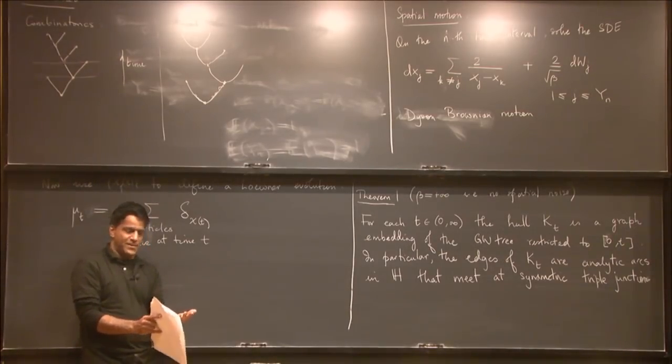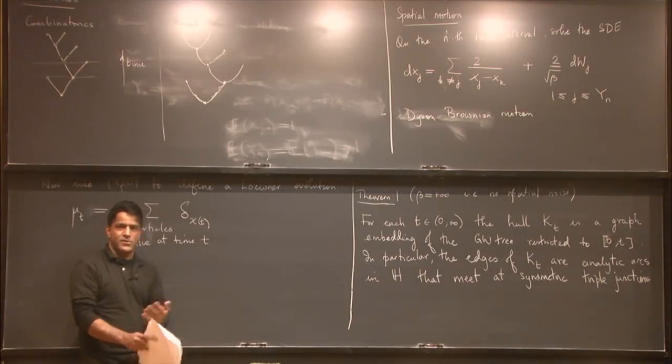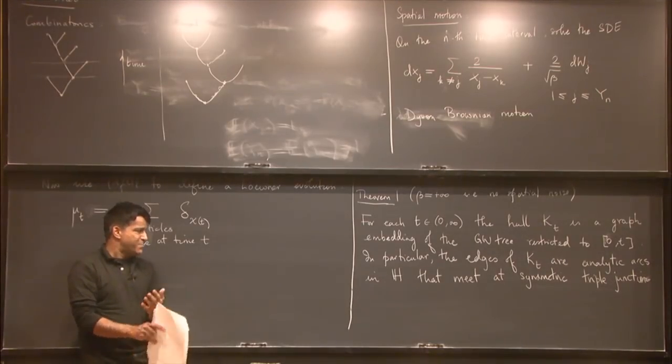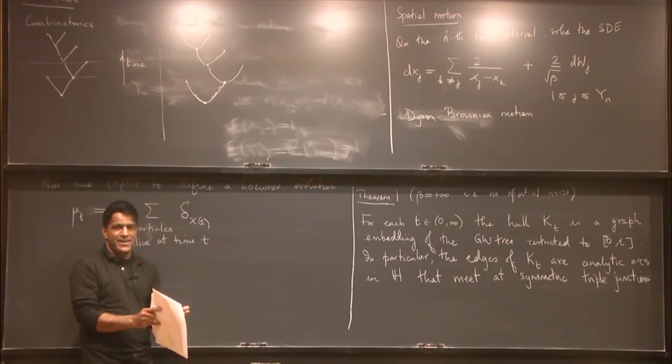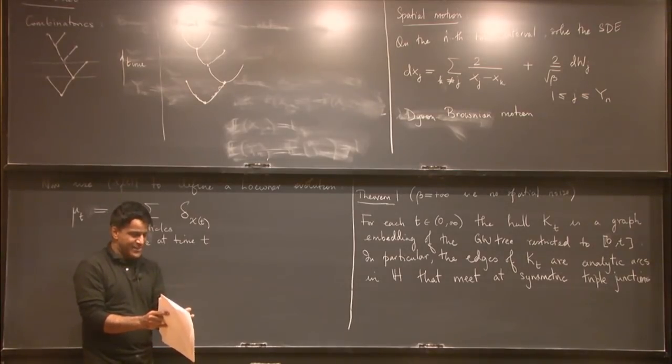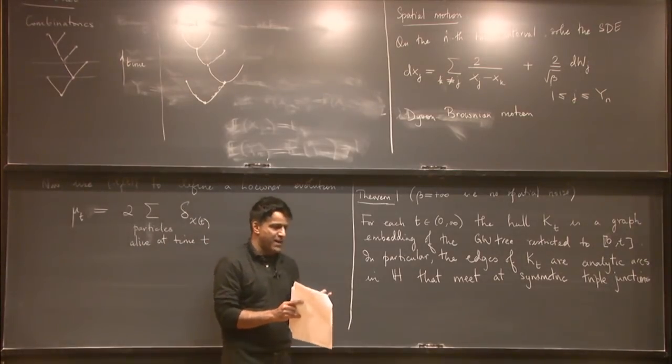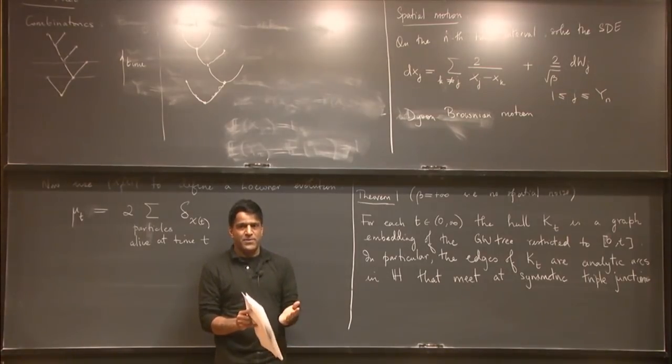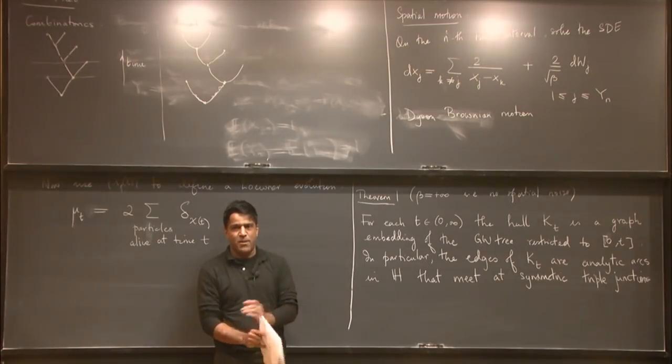But that convergence is very weak. It's called Carathéodory convergence. In particular, convergence of driving measures doesn't imply any nice properties of the hull.